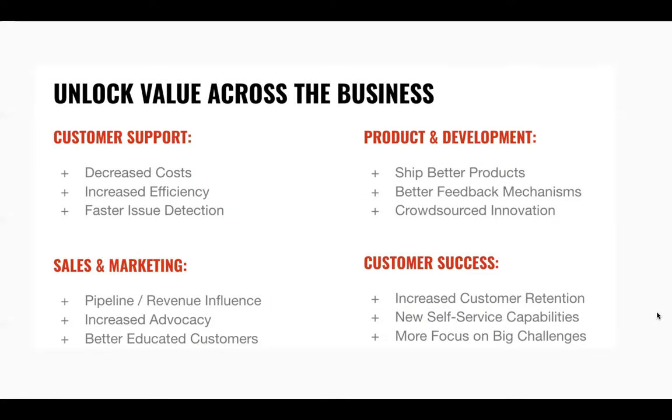But I will say that the community exists to help people self-serve, to connect, and to also just find the right resources.